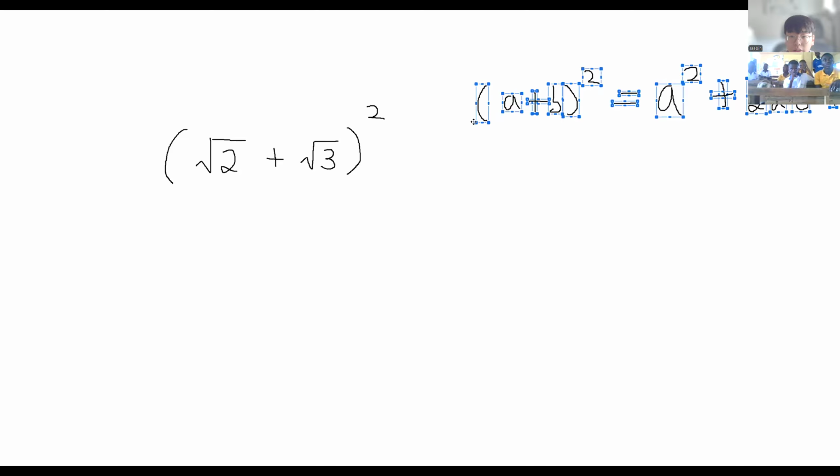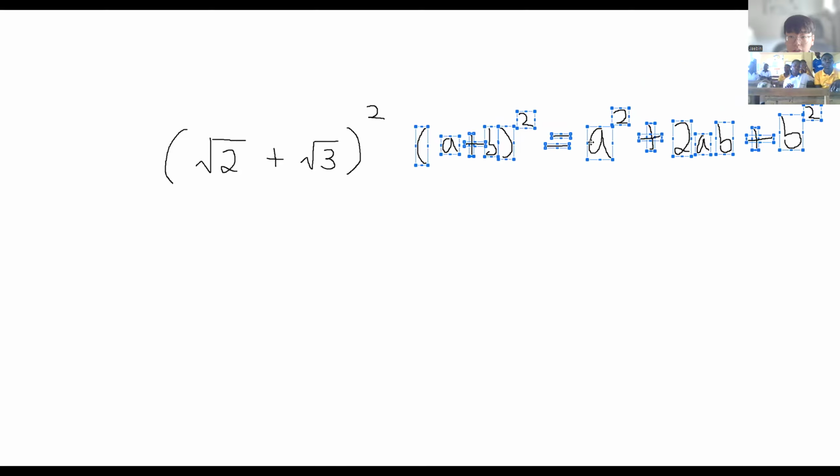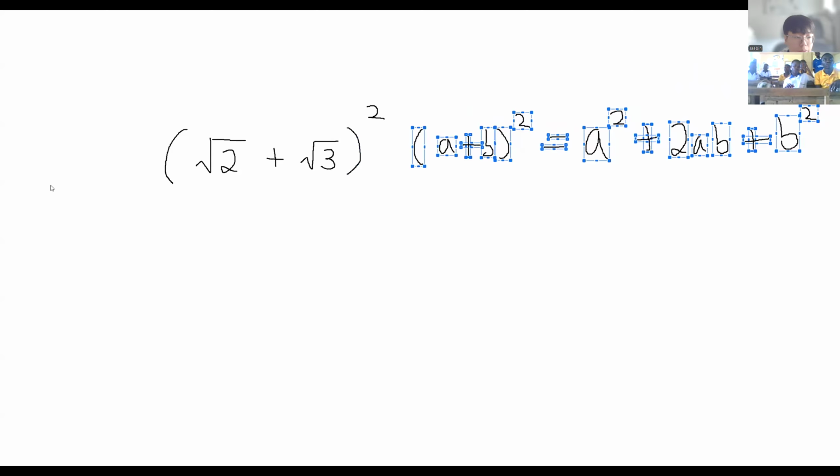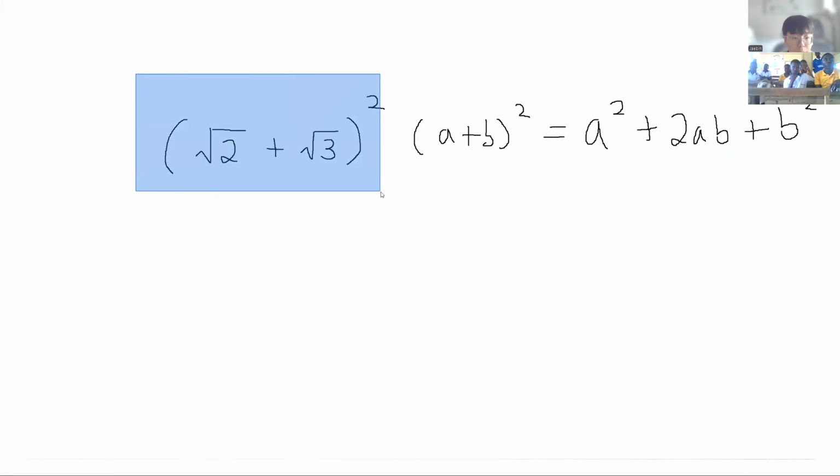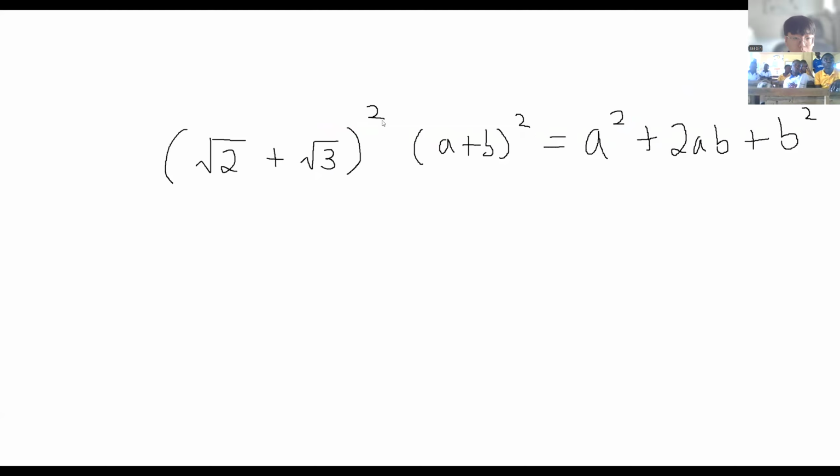So this is a formula that you just have to remember. We can do the same for this one. a is equal to square root of 2 and b is equal to square root of 3.